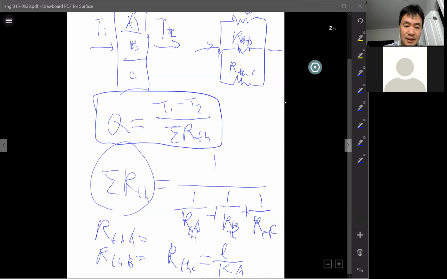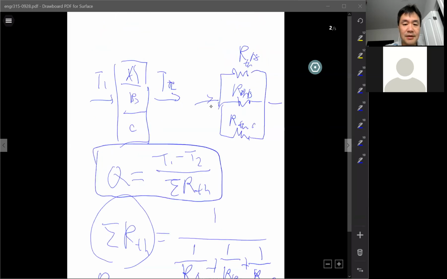So in that sense, we can determine the thermal resistance before the calculation based on the serial arrangement or the parallel arrangement, okay? The serial arrangement is much easier, just the summation of the resistances.